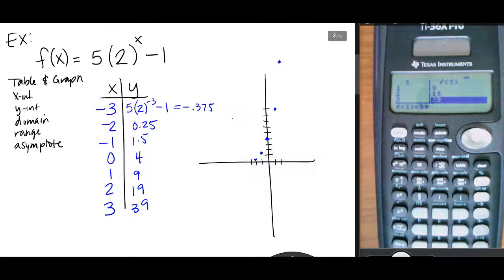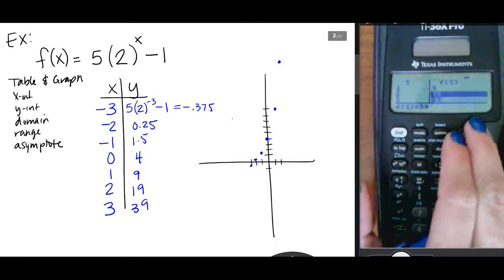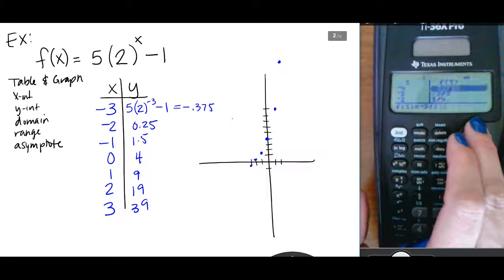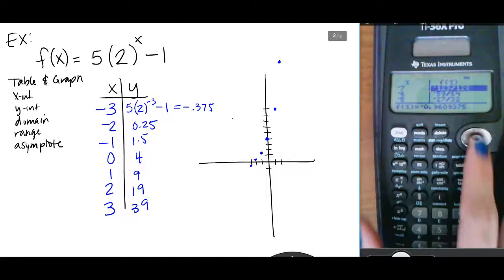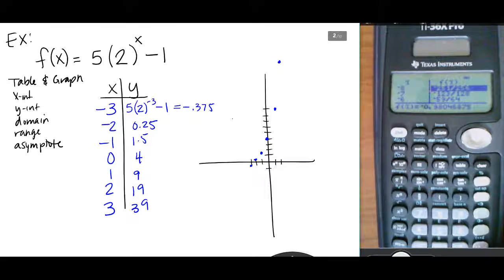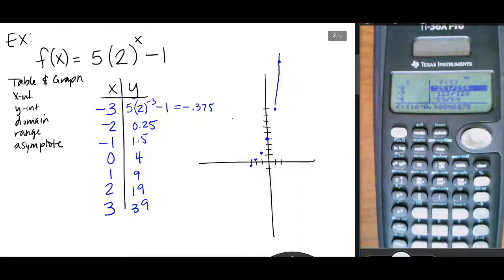And then, lo and behold, I just crossed my axes, unlike before, and now I'm at -0.375. And I might want to investigate that side a little bit more. You can see what's happening is it looks like we're getting closer and closer to -1. So what's happening is we've taken our original graph and we've shifted it down so that now our asymptote is here at -1.